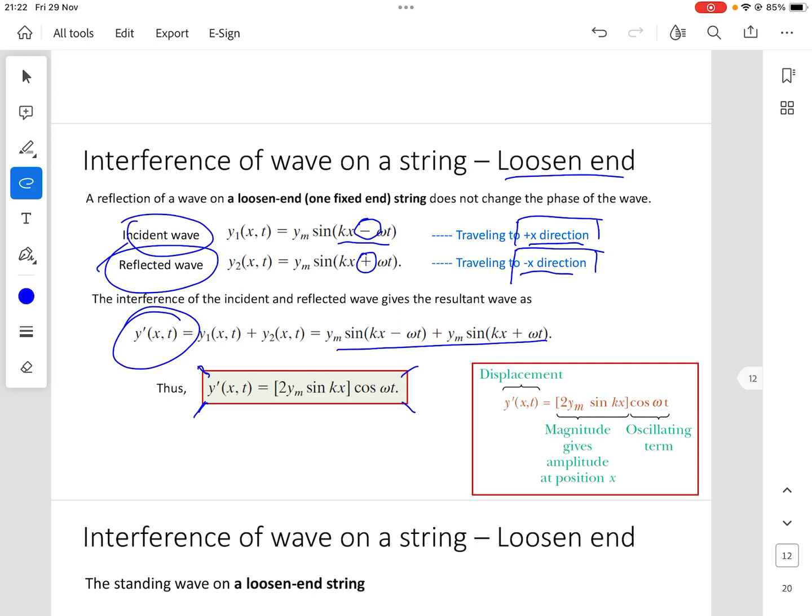What you get now is a bit different from the case where the waves move in the same direction.